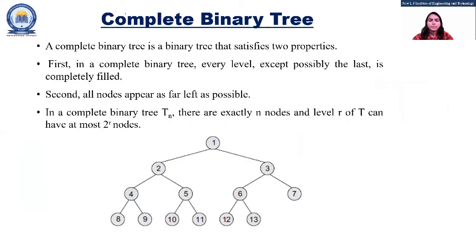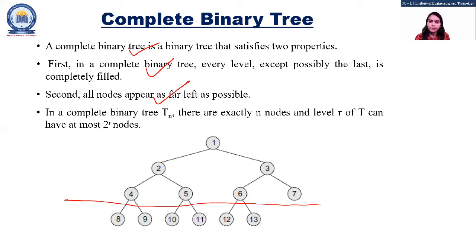Now let us see what a complete binary tree is. A complete binary tree is a tree that satisfies two properties. First, every level should be completely filled, though the last level might not be completely filled; otherwise all the levels should be completely filled, and all the nodes appear as far left as possible. Here 1, 2, 3, 4, 5, 6, 7, the levels are completely filled.